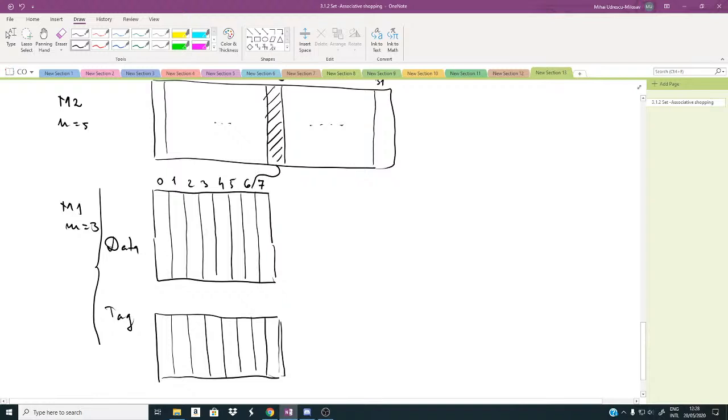For instance, I can put it here if I want to, or if something forces me to do so, I can put it here. But again, I can put it just anywhere.